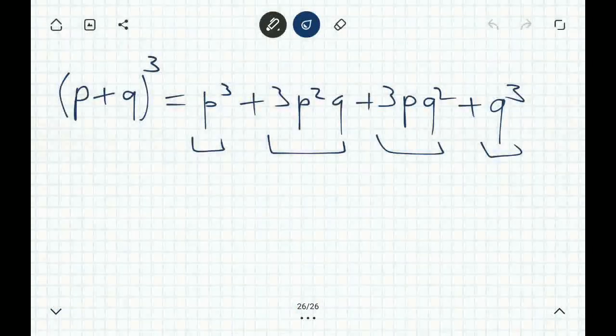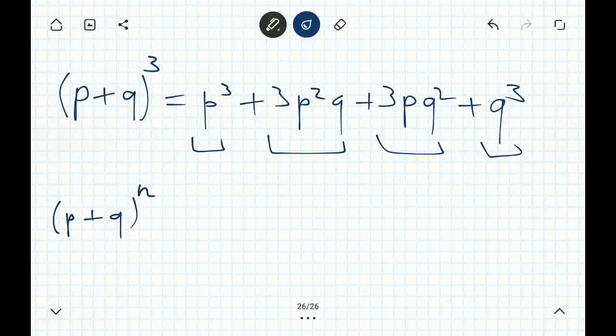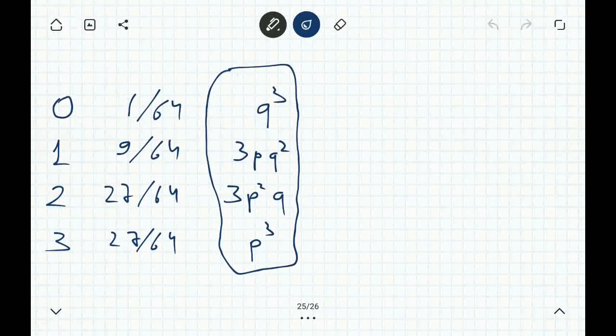And we know that this formula is the binomial formula. Well, in fact, that's one particular case of the binomial formula for the third power. In general, it looks like (p plus q), or (a plus b), or (x plus y), whatever you are used to, to the power n. So this is the case when n equals 3. And here's our probability.